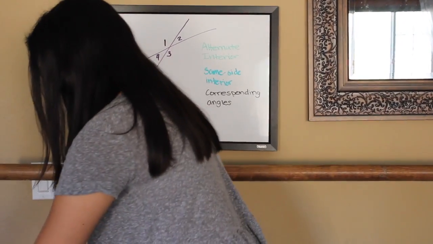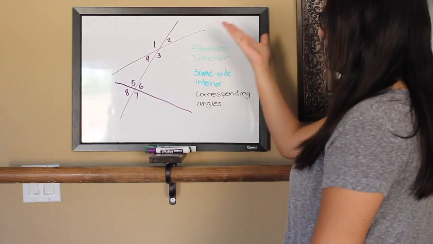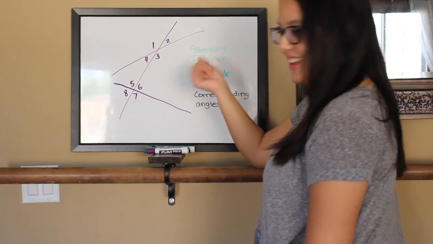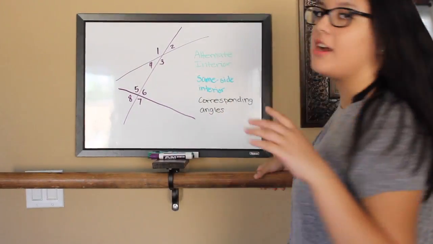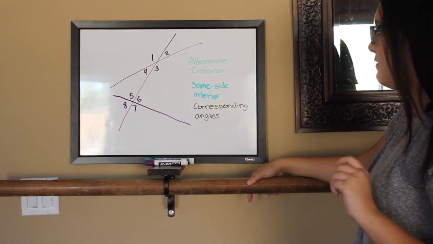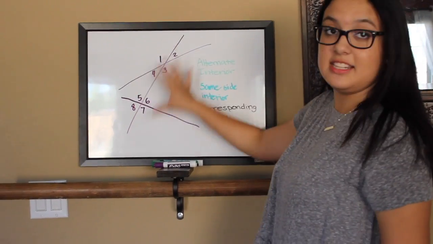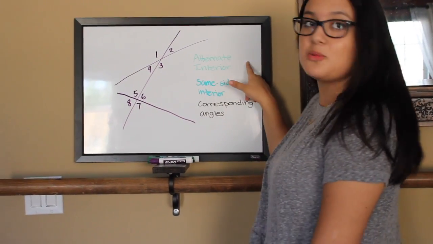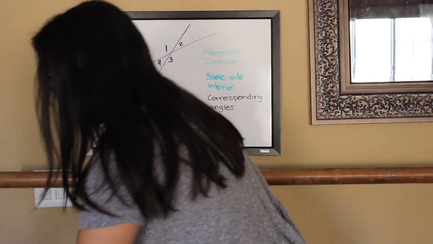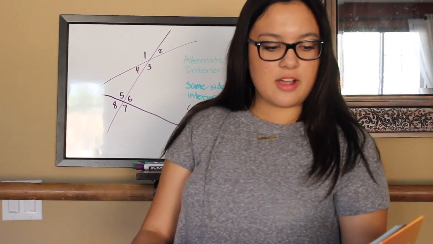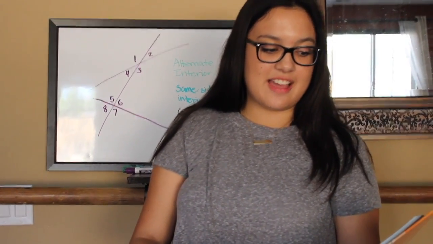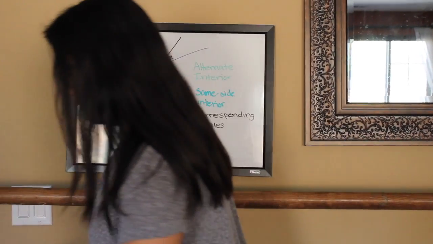Here is how the parallel lines examples usually look. And so there are 3 different ways we can find parallel lines in this section. So the first way is the alternate interior angles. These are non-adjacent interior angles that lie on opposite sides of the transversal.